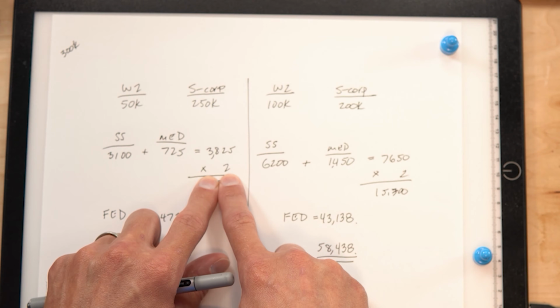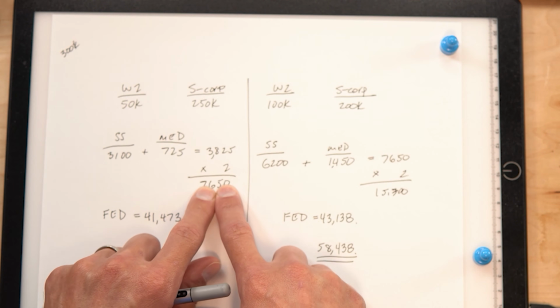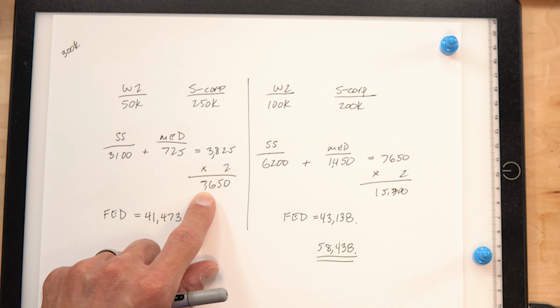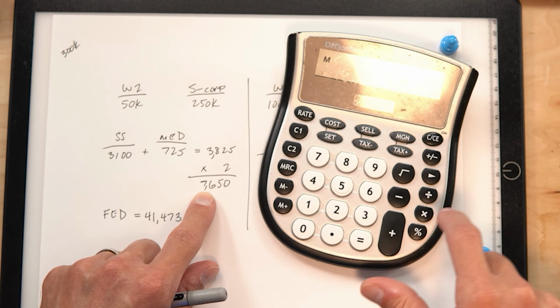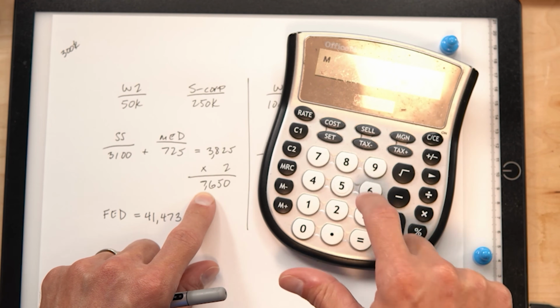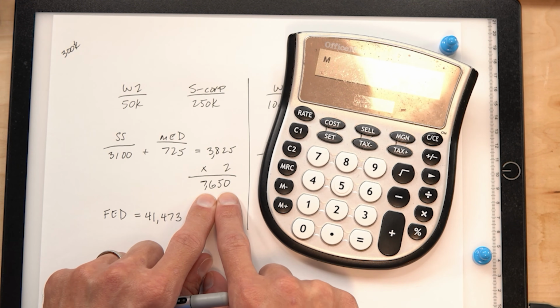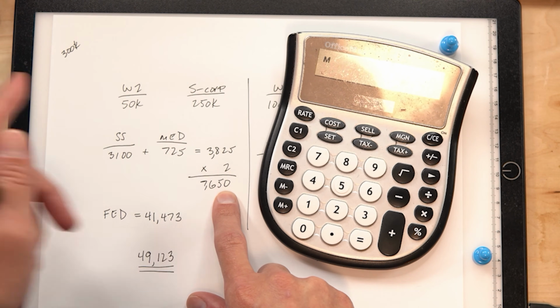If we multiply that by 2, because we have both the employer and the employee side, that works out to $7,650. If I bring the calculator up and put in $50,000 multiplied by 0.153, we have our $7,650. That is the tax we pay on Social Security and Medicare, also called FICA.